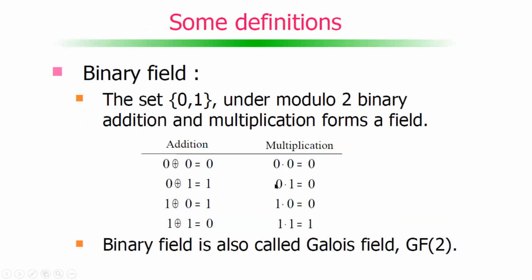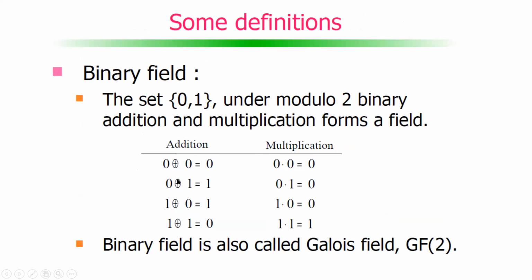Then I started describing channel coding, and some basic concepts were there, like the binary field. We will discuss only the binary field. When I describe the linear block codes, we will consider only the binary set, in which there can be two elements only, 0 and 1, which can be transmitted.